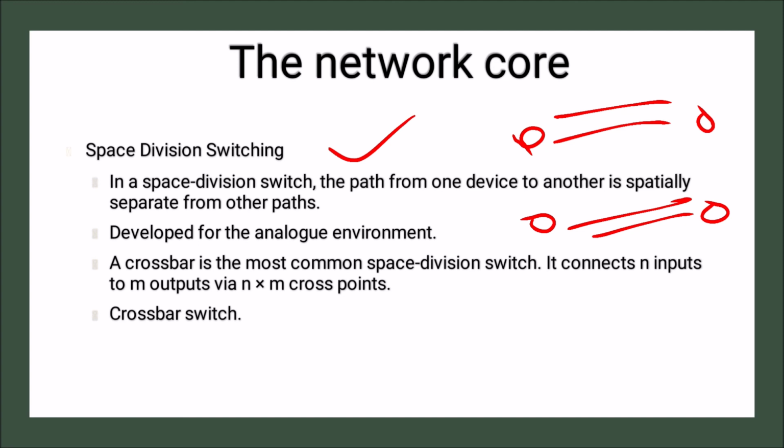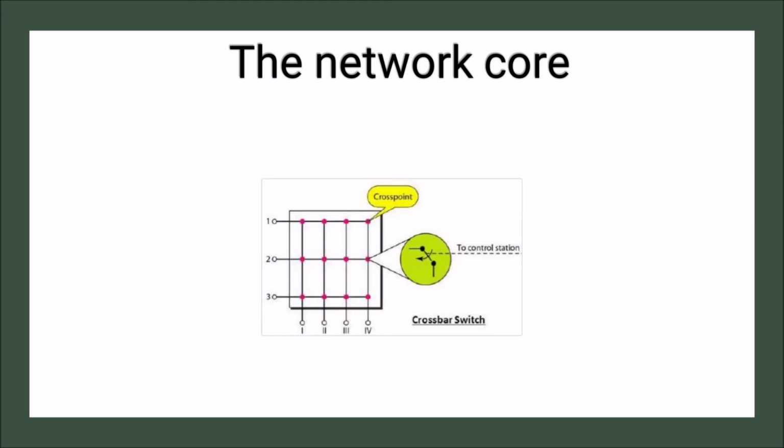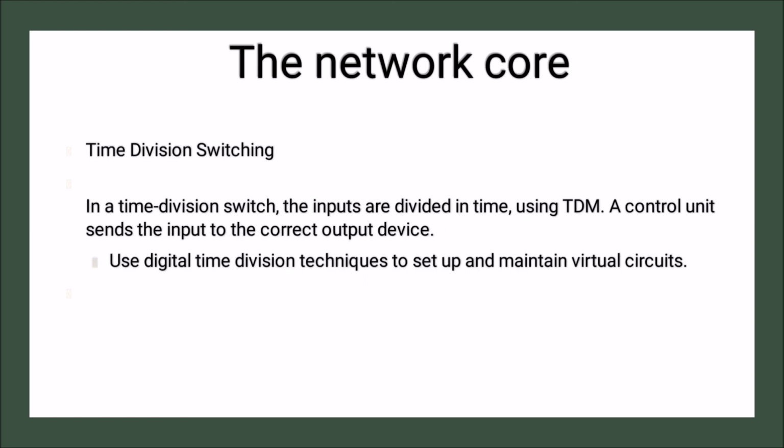A crossbar is the most common space division switch. It connects N inputs to M outputs via N cross M crosspoints. This is the example of a crossbar switch. Now the second method is time division switching.